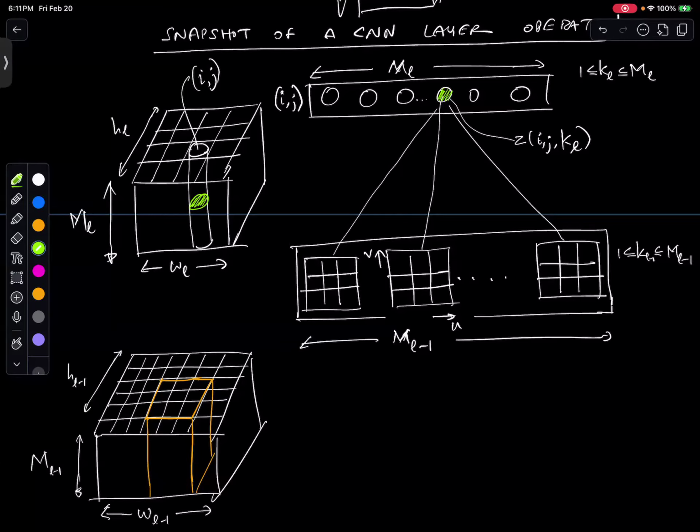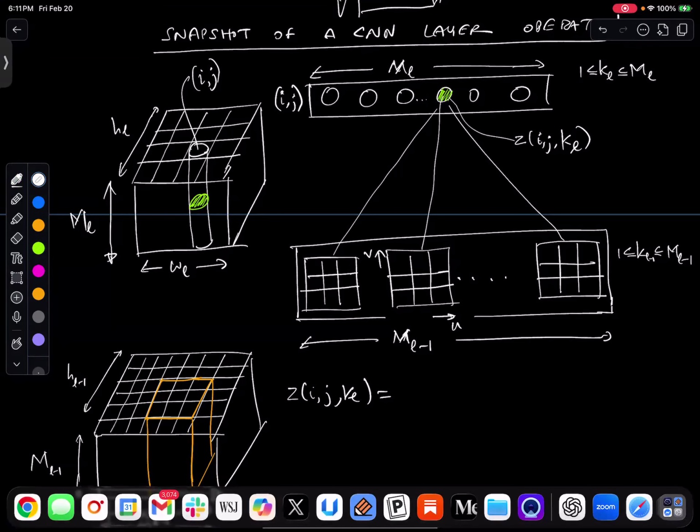Okay, that's one thing. All right, so let's write down the volumetric correlation. Z of i comma j comma k_L is equal to, remember what was happening a few moments ago.